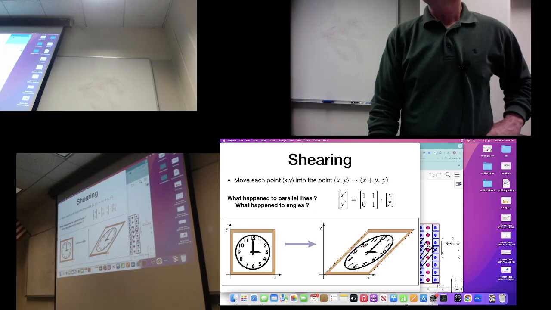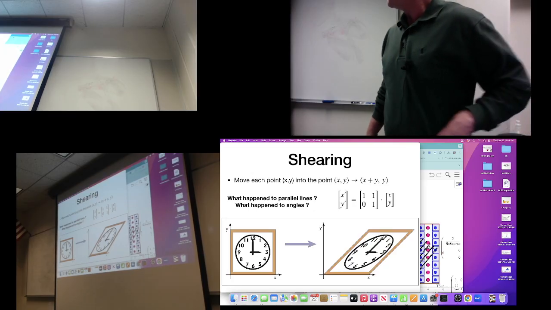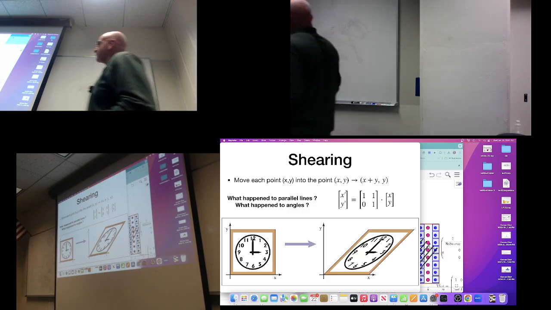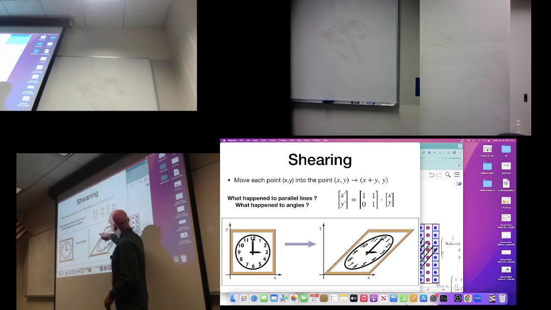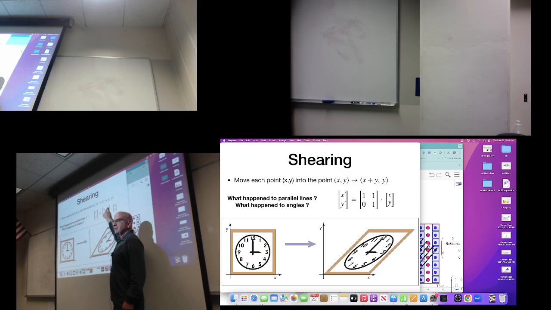Shearing, pretty cool. Shearing along the horizontal direction. In this one, I look at the y value of a point, the elevation, and the elevation stays unchanged. On the other hand, the new x value, x prime, is the old x value, but I'm adding to it also the elevation.